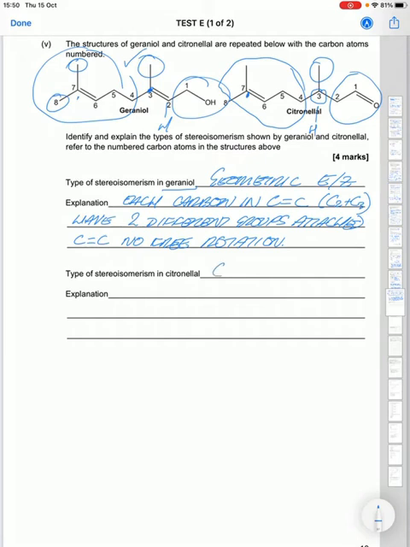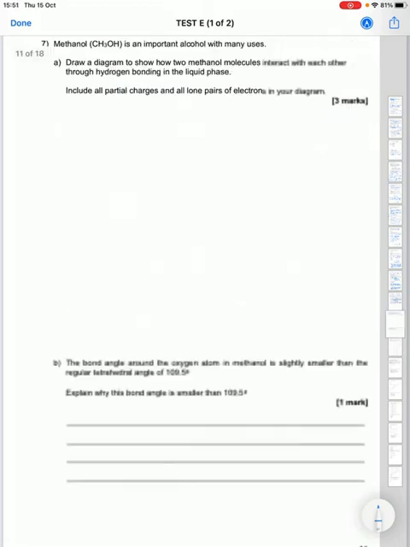So that's going to be optical. Four different groups attached to carbon 3.